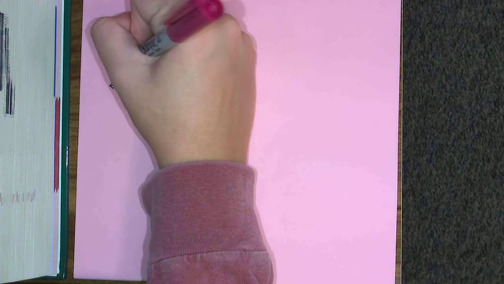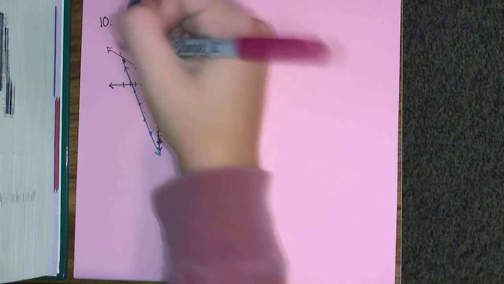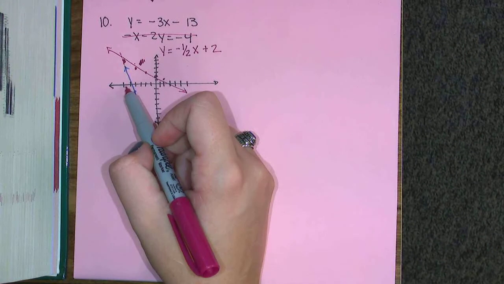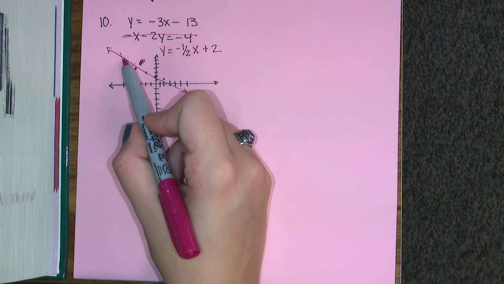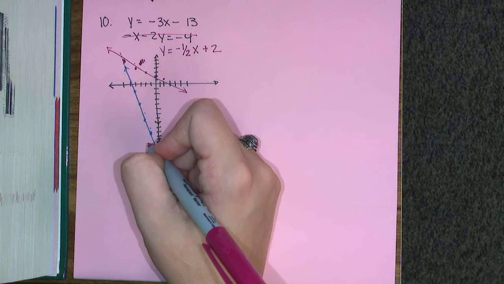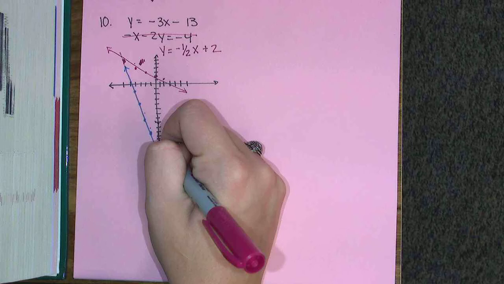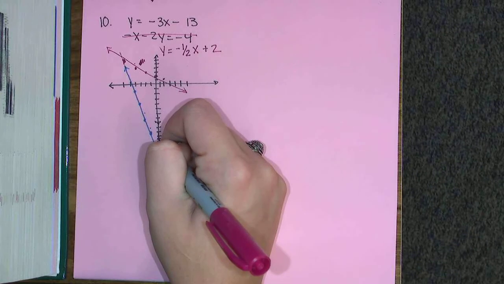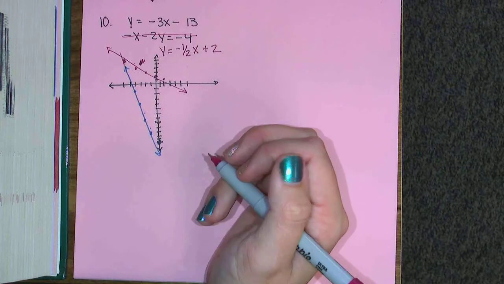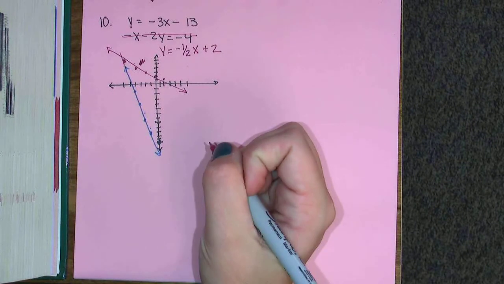This one looks like it would keep going, so somewhere in here. This one? Down to negative 13. I went up 3, back 1 because it's negative.